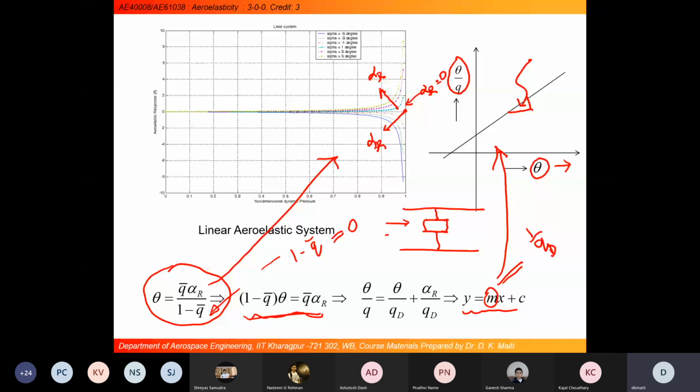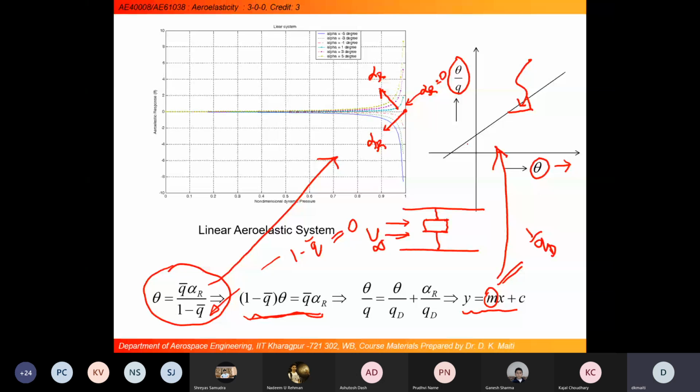At theta equal to 0, we will have this non-zero theta by q bar, and as we increase the speed, at some other point it will get stabilized, which is this theta.